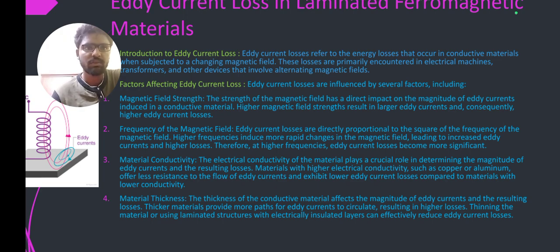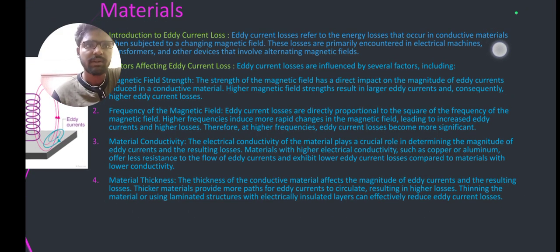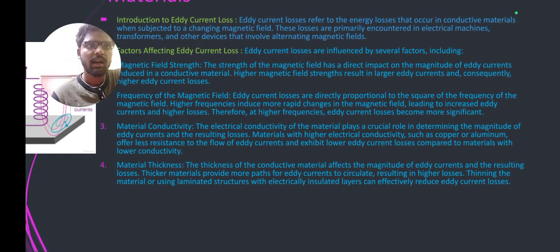The strength of the magnetic field has a direct impact on the magnitude of eddy current induced in the conductive material. Higher magnetic field strengths result in higher eddy currents and consequently higher eddy current losses.